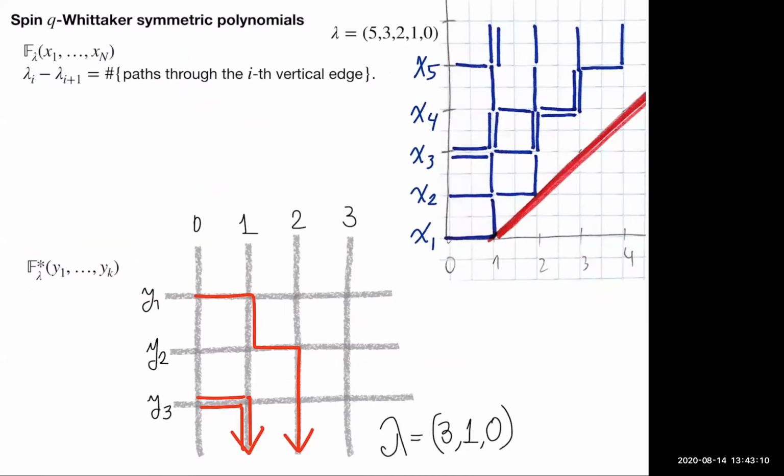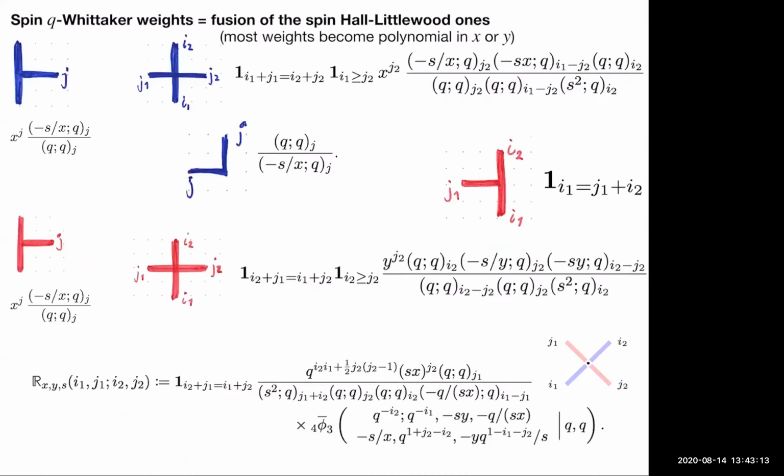Sorry. On the slide you just did, you said that the spin-Q-Whittaker weights are a fusion of spin-Hall-Littlewood ones. So for the spin-Hall-Littlewood ones, you've already performed fusion so that you have infinitely many particles allowed to go in both directions. How do you perform fusion again? Right, thank you for the question.